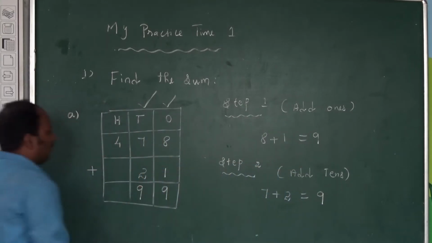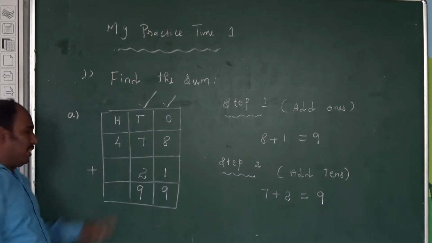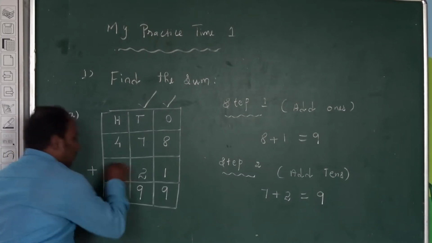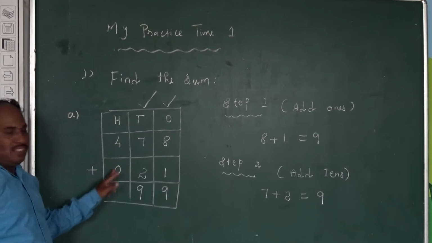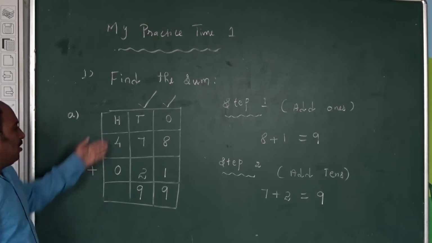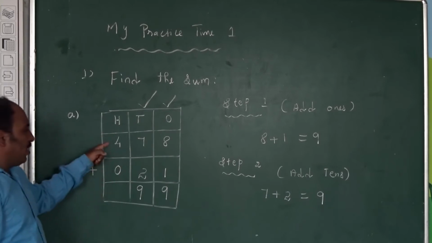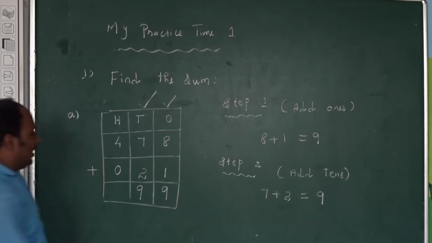The next one, hundreds place. Here, the first row has 4, the second row is empty, so we take 0. Now add hundreds: 4 hundreds plus 0 hundreds.